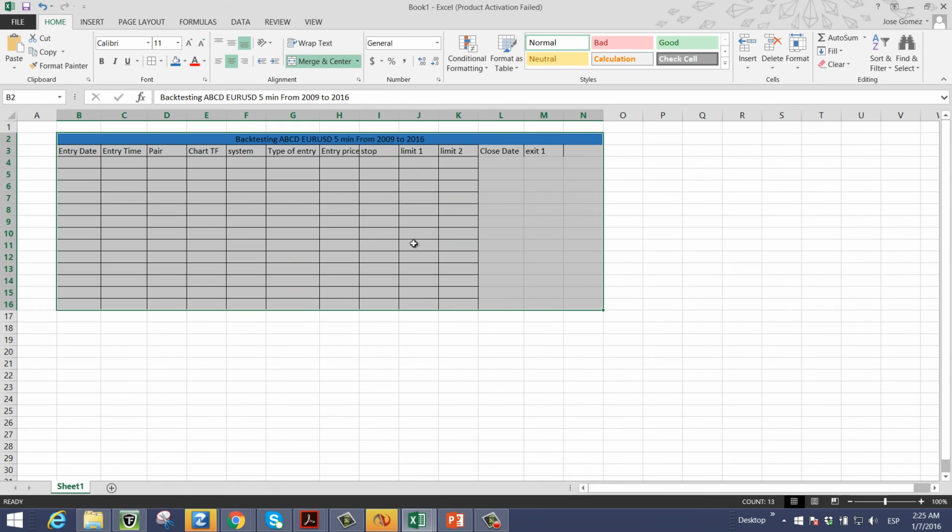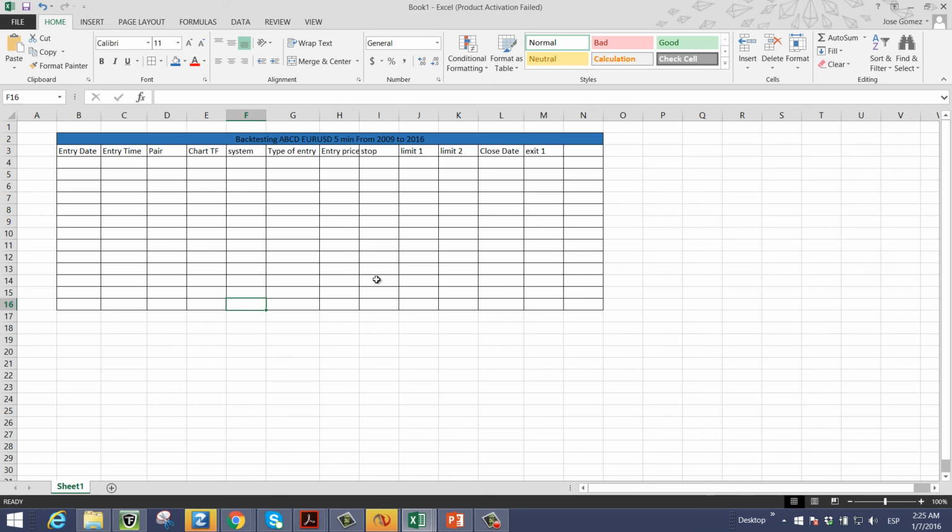Nothing fancy, but this data is going to help you identify whether your system is going to be profitable or not if you trade that system from, for example, 2009 to 2016.